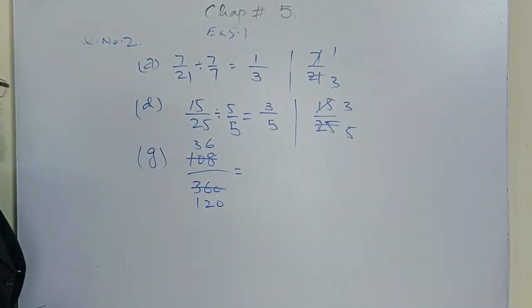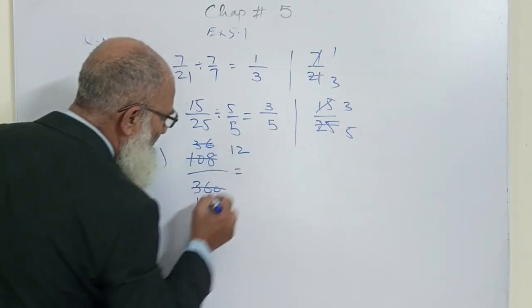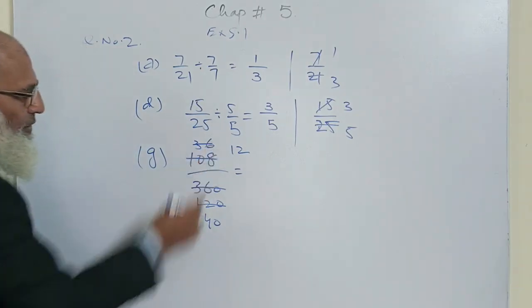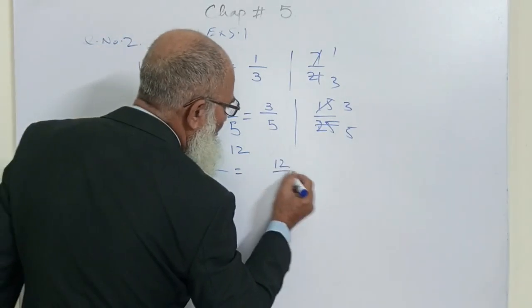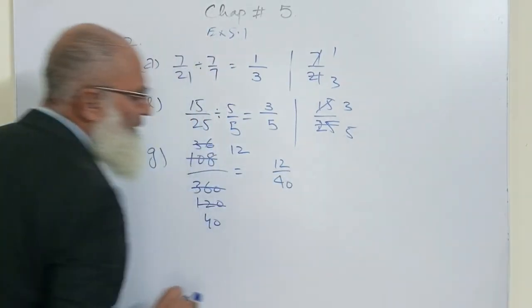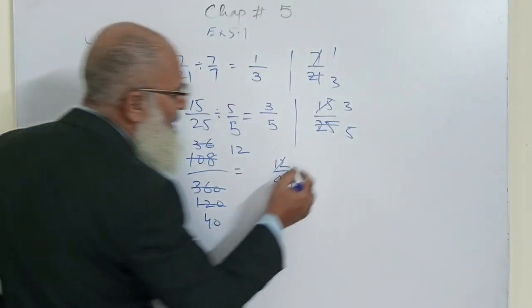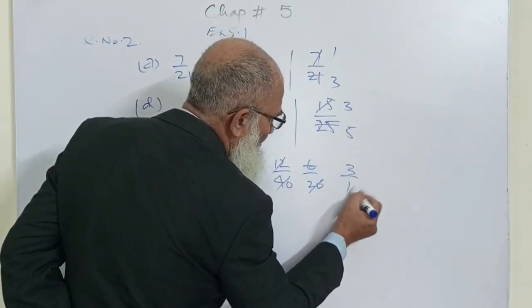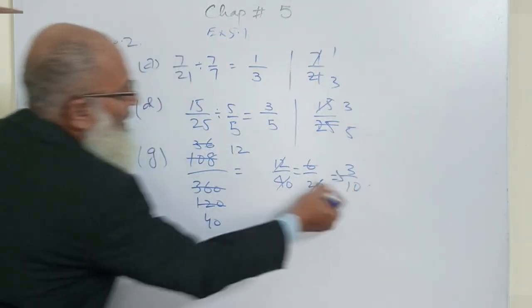Again it is divisible by 3. 3 1 times, 3 2 times, 3 4 times and 0. Now it is not divisible by 3 anymore. It is 12 upon 40. In the last, you see that it is not divisible by 2, 6 upon 20 or 3 upon 10 is the answer. 3 upon 10 is the answer.